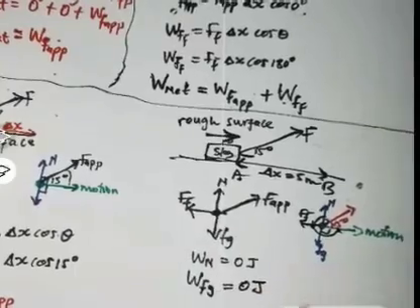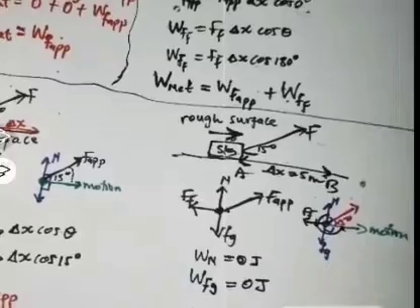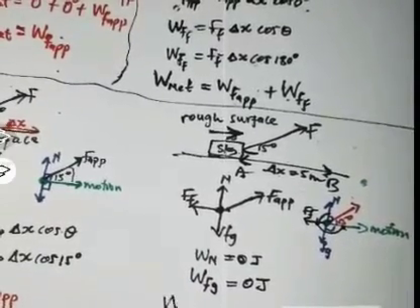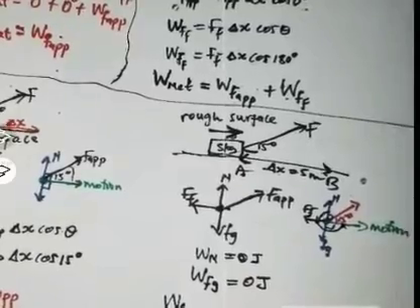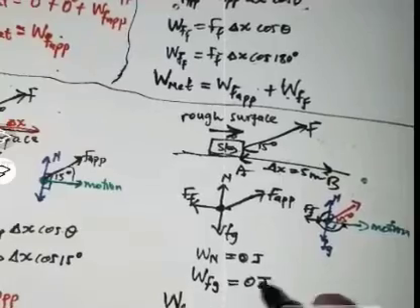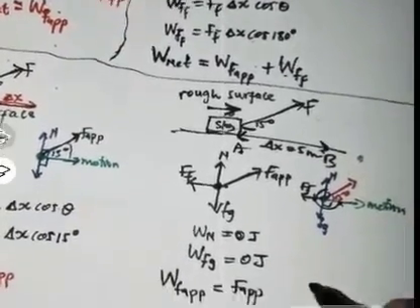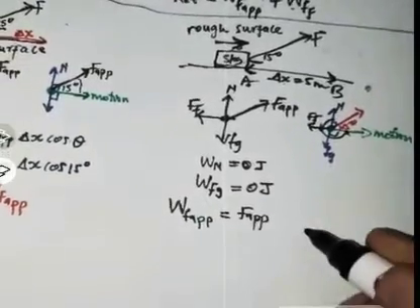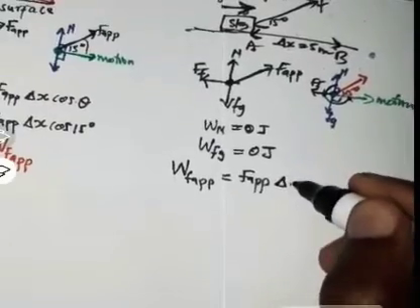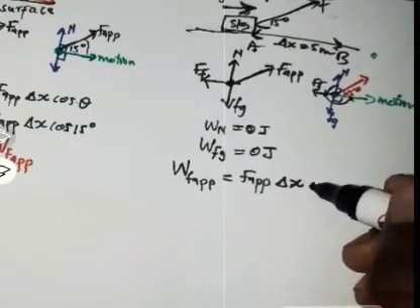Then let's have work done by applied force equals force applied, moving for delta x, which is 5 meters in this case, multiplied by the cos of theta.